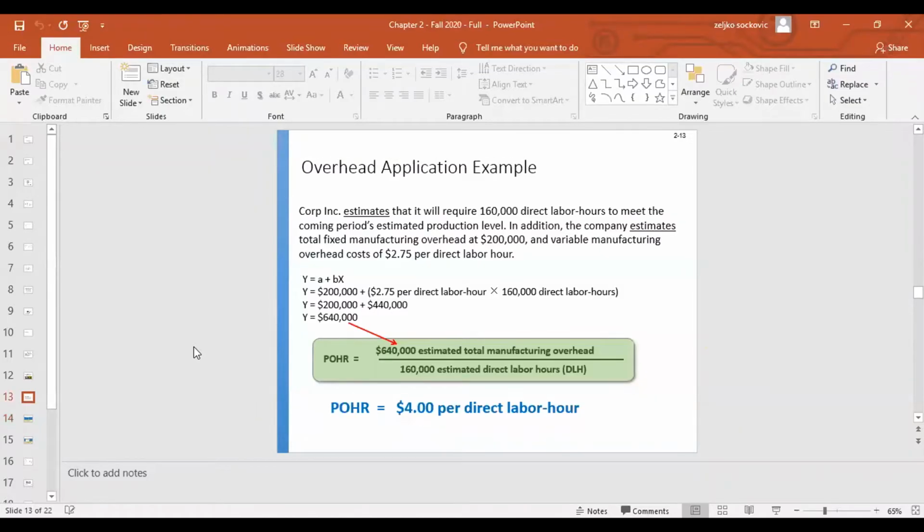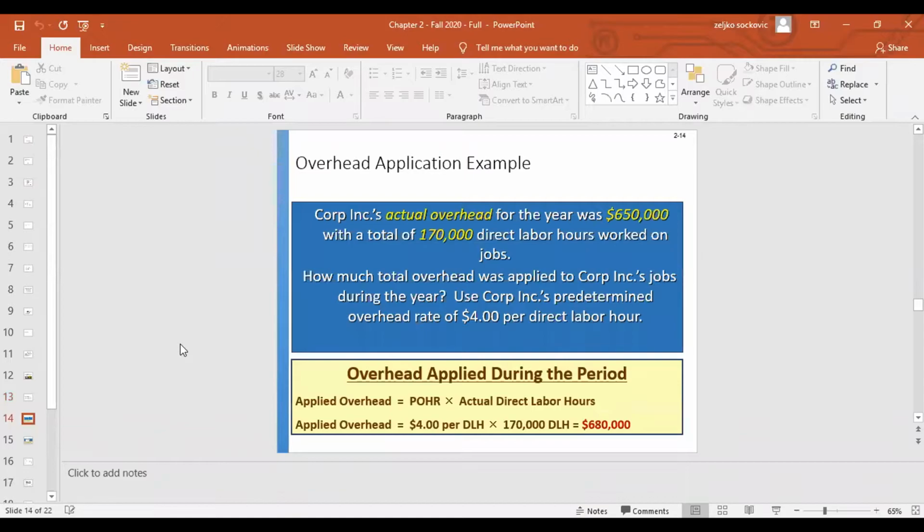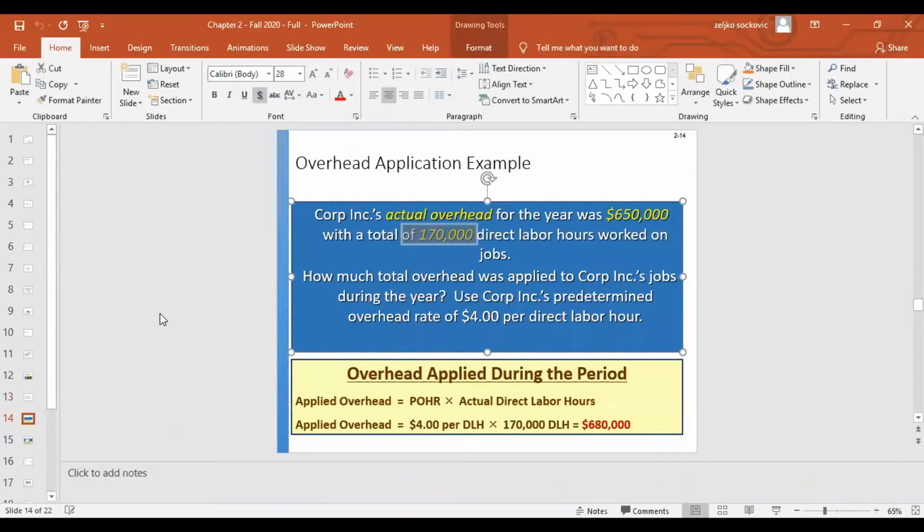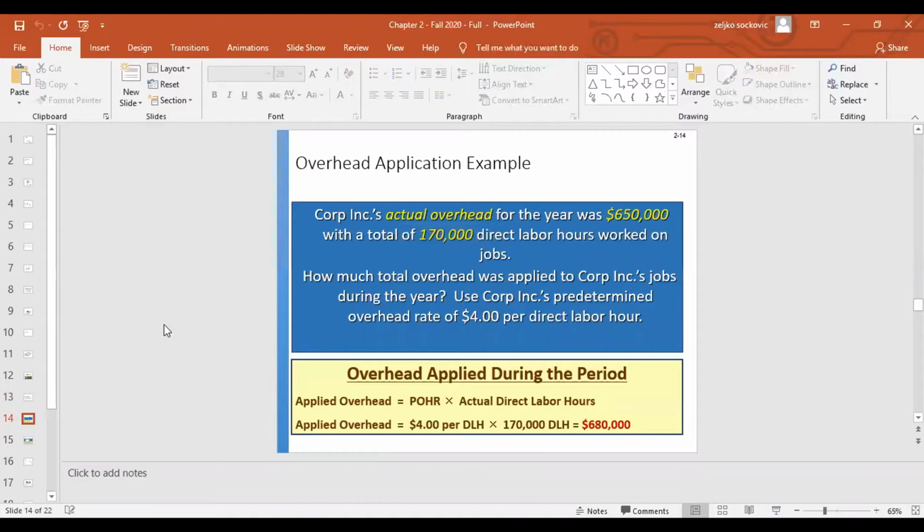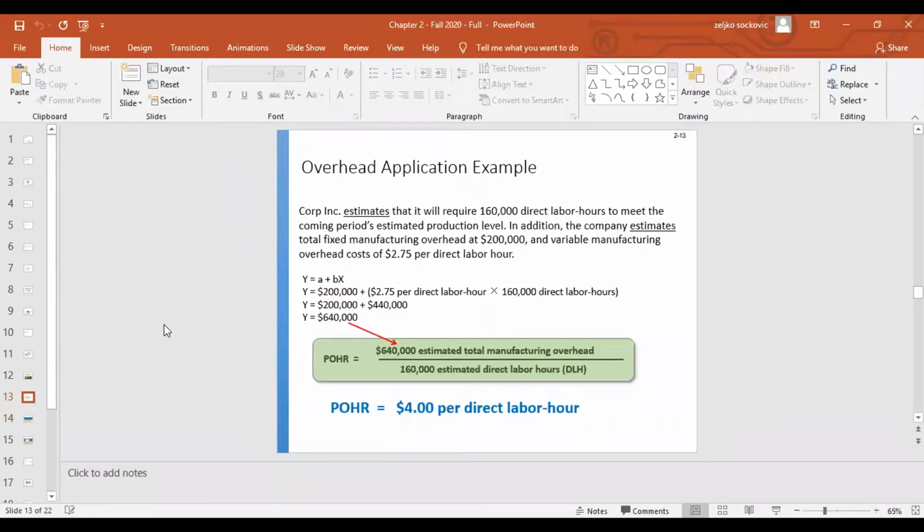No, because 640 is just an estimate, right? We did not apply 640 to the product. Well, in a sense, we did through the rate, to these $4. But to apply the cost, we need something else. And that's what? Actual activity, which is 170, which is different from 160 here.